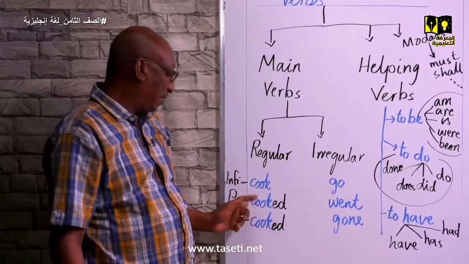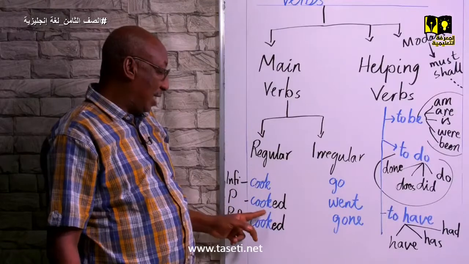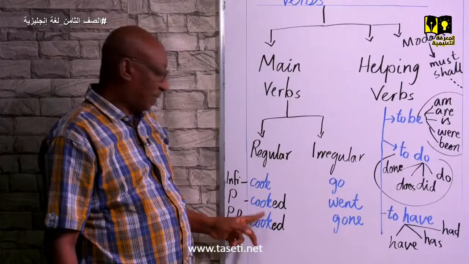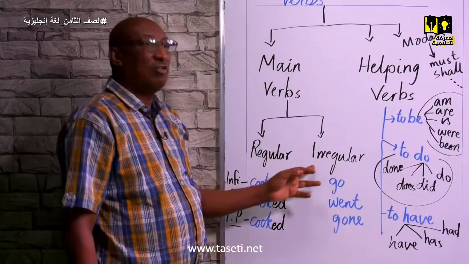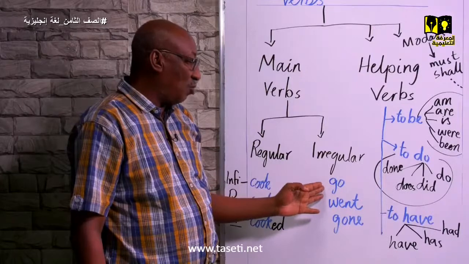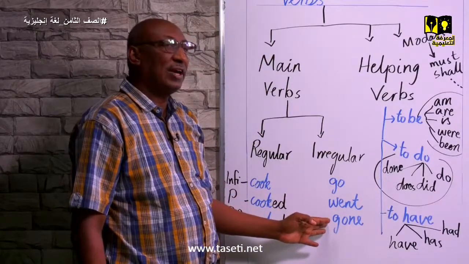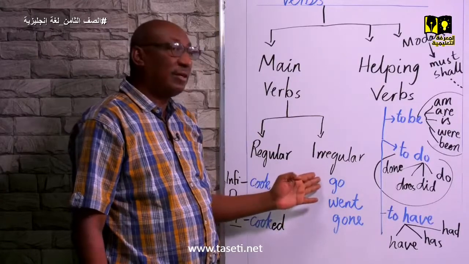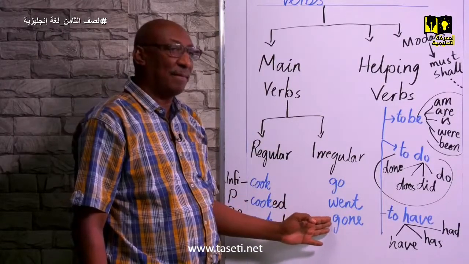Like the verb cook, the infinitive here, cook, and the past is cooked, and the past participle is cooked. The irregular verbs, these are as go, the past is went, the past participle is gone. Eat, the past is ate, the past participle is eaten.